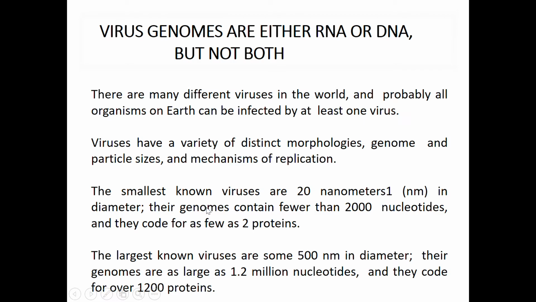The smallest virus genome contains 2000 nucleotides, while the largest viruses have 1.2 million nucleotides, which is a huge number. The smallest viruses encode only two proteins, but the large viruses encode 1200 proteins.